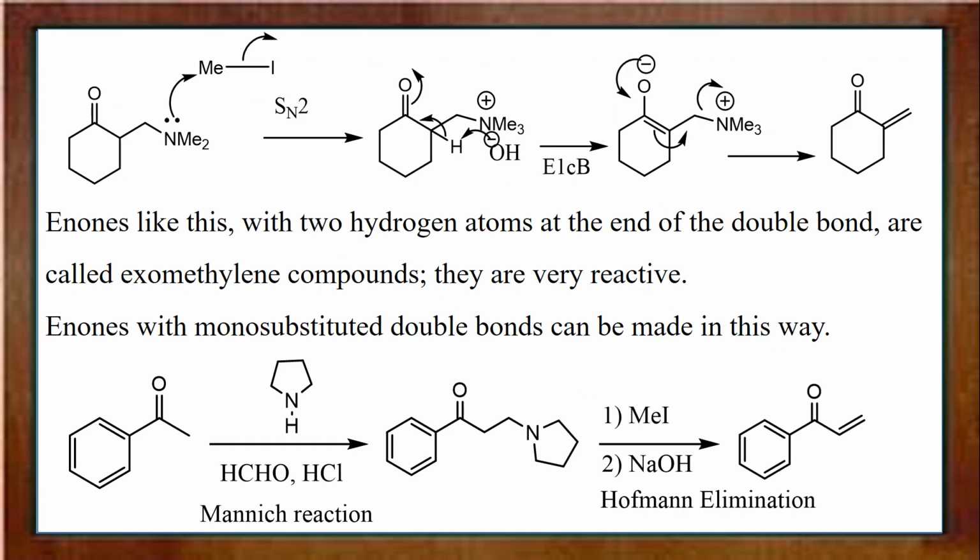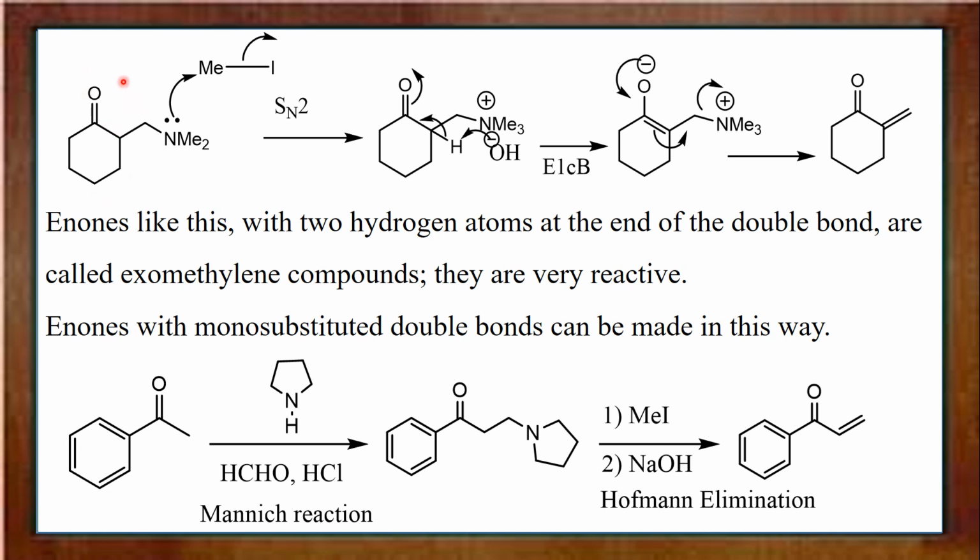In the Mannich reaction, we end up with an aminomethyl carbonyl compound. So in the example I gave you, we started with cyclohexanone and we ended up with N,N-dimethylaminomethyl cyclohexanone.